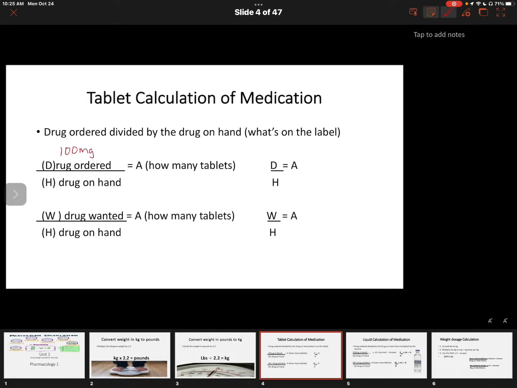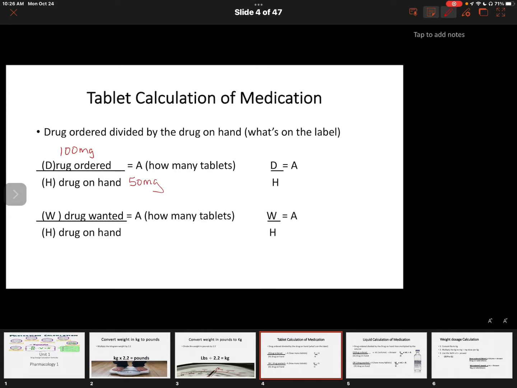that represents drug ordered. And if I go to my cart and I pull out some medication and I find that I have 50 milligram tablets, the drug on hand, in order to know how many tablets I would give the patient, I would take the 100 milligrams and set it up in this type of formula, the D over H. D represents the drug ordered, H represents the drug on hand.